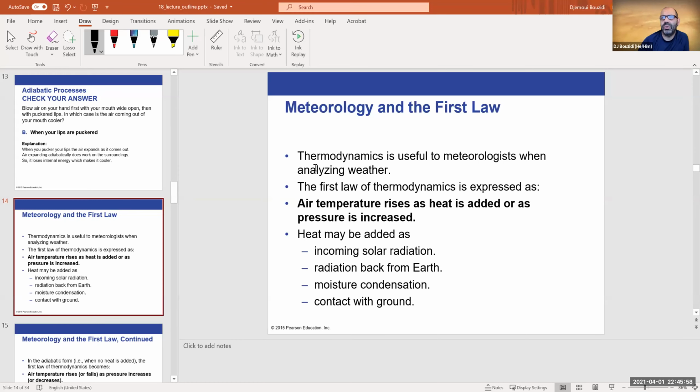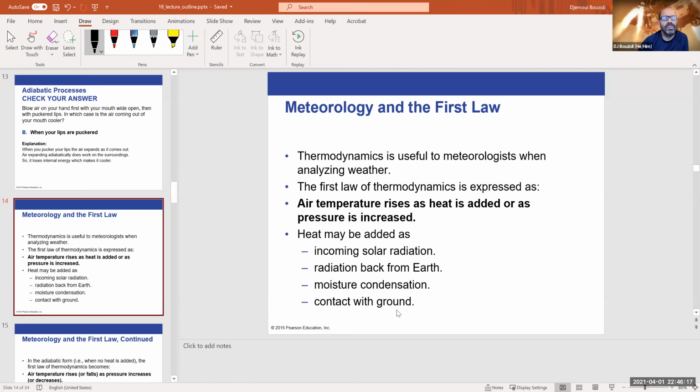Thermodynamics is useful to meteorologists when analyzing weather. The first law of thermodynamics expresses that air temperature rises as heat is added or as pressure is increased. Okay, heat may be added as incoming solar radiation, radiation back from the earth, or moisture condensation, or contact with the ground.